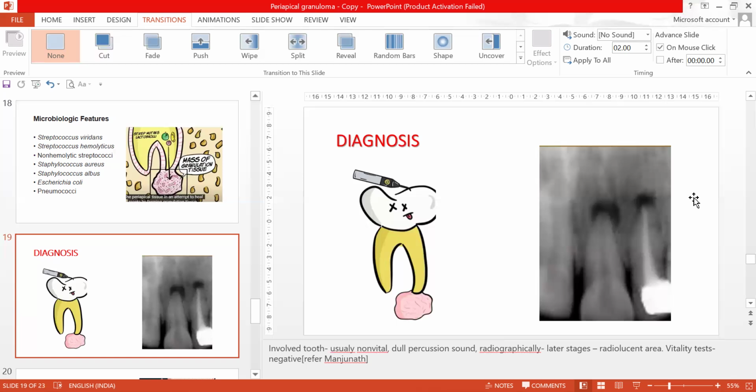Sometimes a thin radiopaque line or zone of sclerotic bone is seen outlining the lesion, which indicates that the periapical lesion is a slowly progressive lesion which has probably not undergone any acute exacerbations. On vitality test, a negative response is obtained.